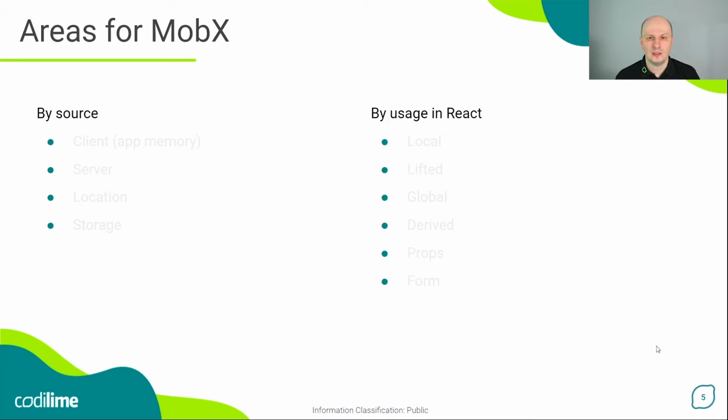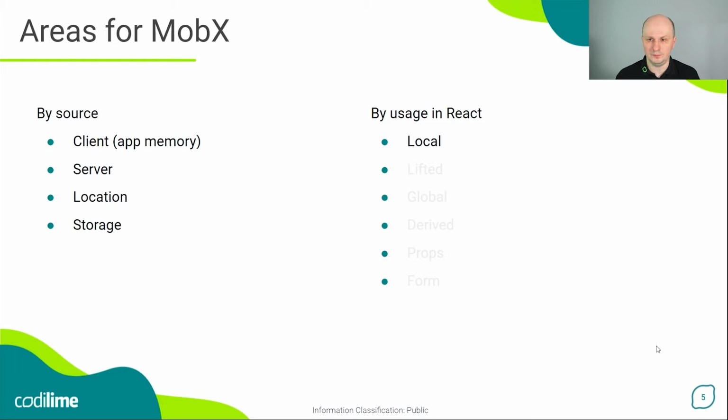So now where does MobX fit? For sure it's the best candidate for client state. We can also wrap server requests and cache the responses with MobX. The same with location. We can synchronize MobX state with the browser location state, and the same for the storage.